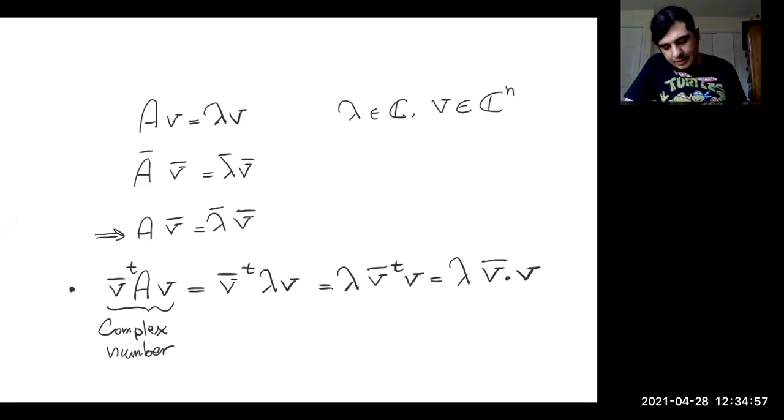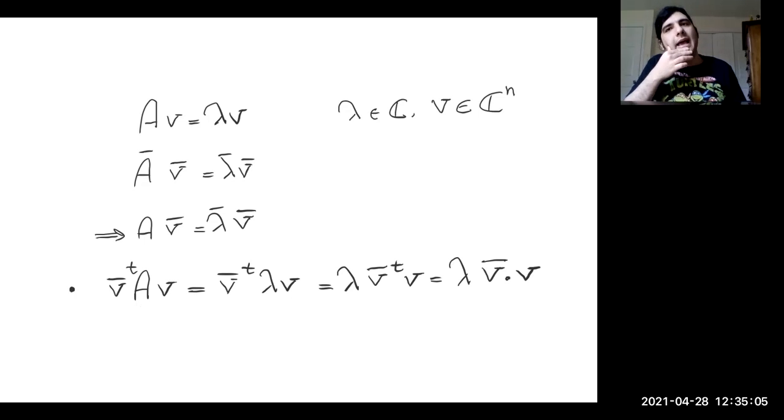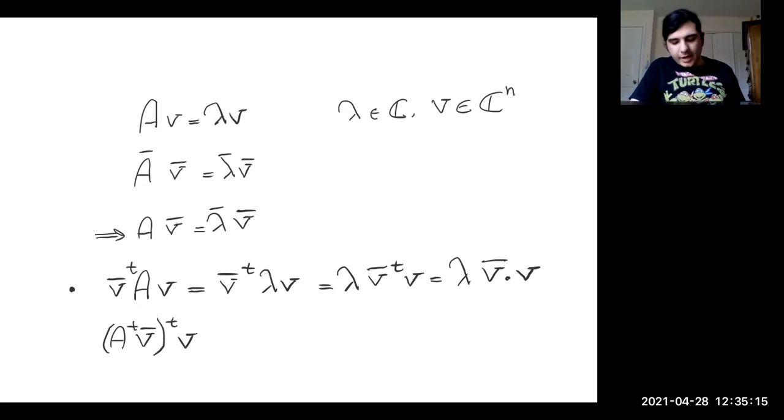Now, on the other hand, the same quantity, v bar transpose A v, can be written as A transpose v bar, the whole thing transpose, times v, right? Because if I apply this transpose, I would get v bar transpose A transpose transpose, which is equal to what we had before. So these two quantities are equal. On the other hand, A transpose is equal to A. We are assuming A is symmetric.